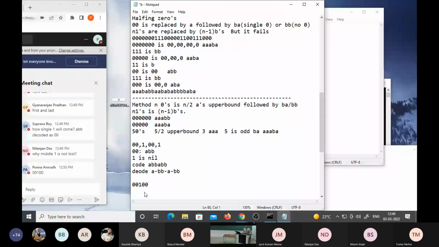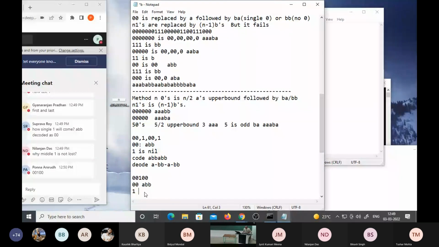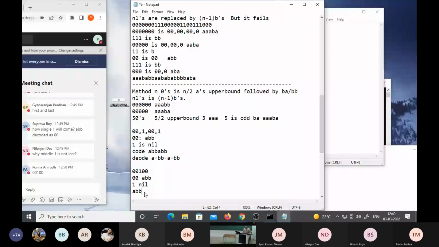What is 0 0? 0 0 is A, BB. And what is 1? 1 is nil. So this will become ABB, ABB, ABB double 0. Afterwards, if any B should have come, then it would have been 2 ones. No problem. Middle one is not lost.